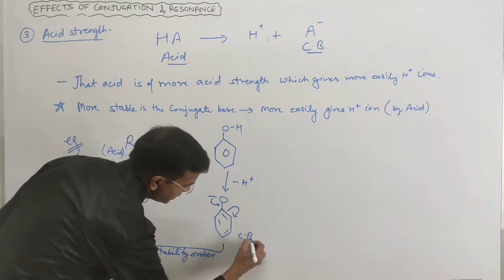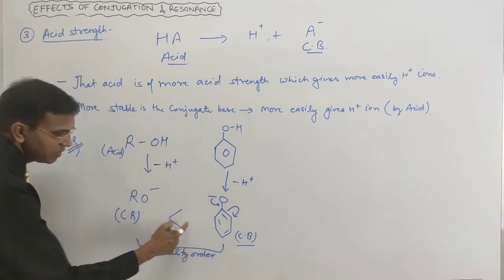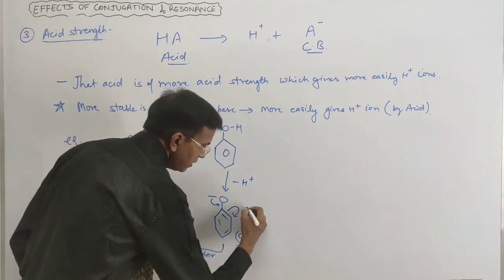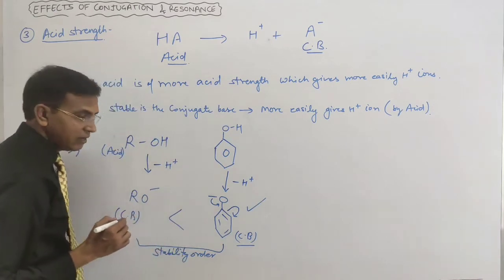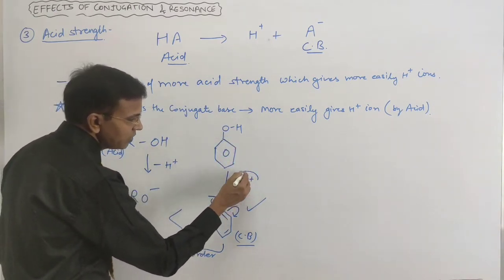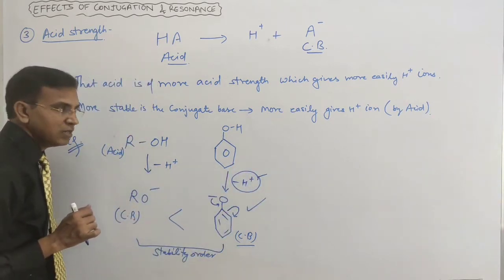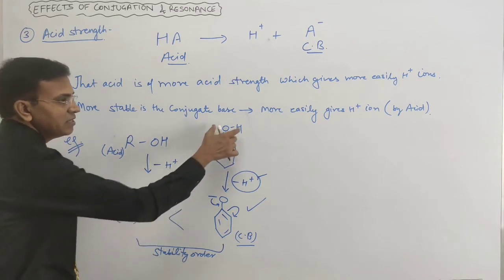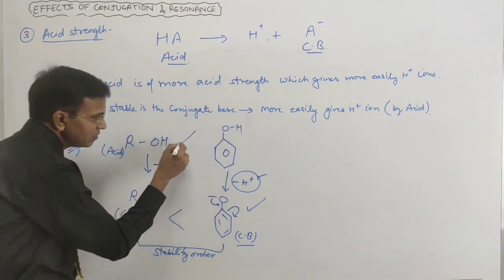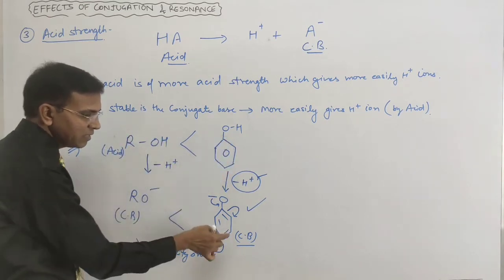the stability order of conjugate base. This is more stable than this. So that means this is formed earlier than this. That means this H positive is easily formed in comparison to this. So that means this phenol is a stronger acid than this one, because the conjugate base is more stable.